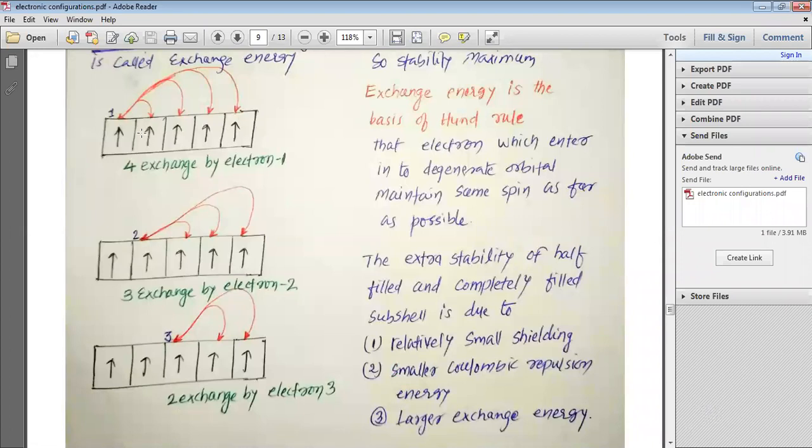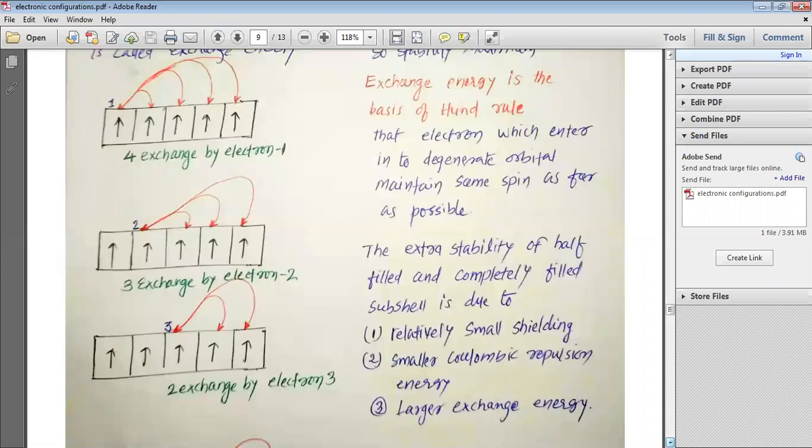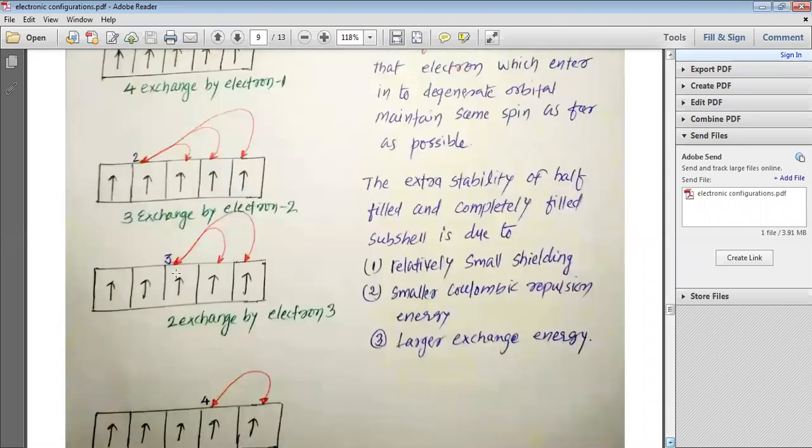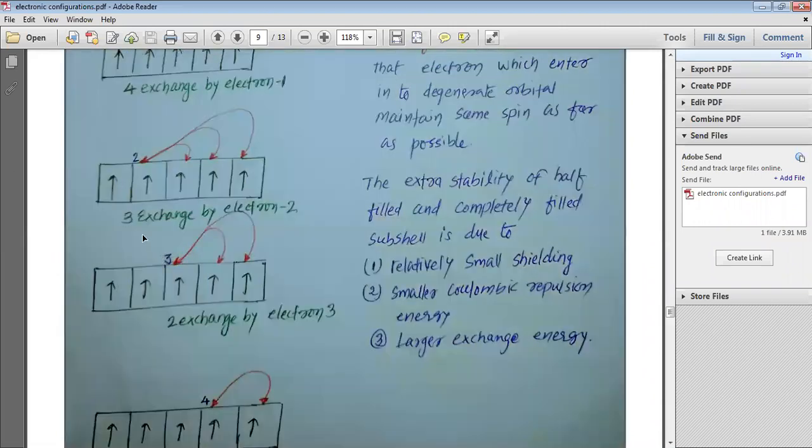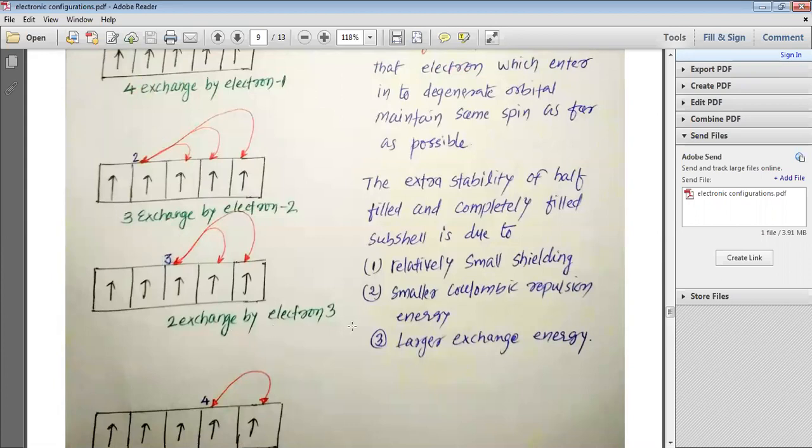The first electron exchanges its position with the second, the third, the fourth and the fifth. So the first electron makes 4 exchanges, then the second electron makes exchanges with the third, fourth and fifth.